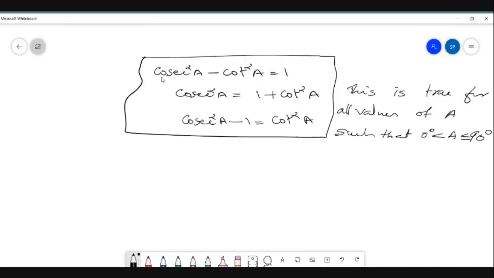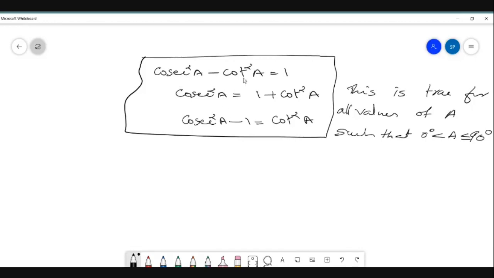Cosec square A minus cot square A equal to 1, cosec square A equal to 1 plus cot square A, and cosec square A minus 1 equal to cot square A. Cosec, cot, that is both starting with 'co'. Cosec square minus cot square equal to 1. Like that you can remember the identity. If you learn this one, you can write all the others.